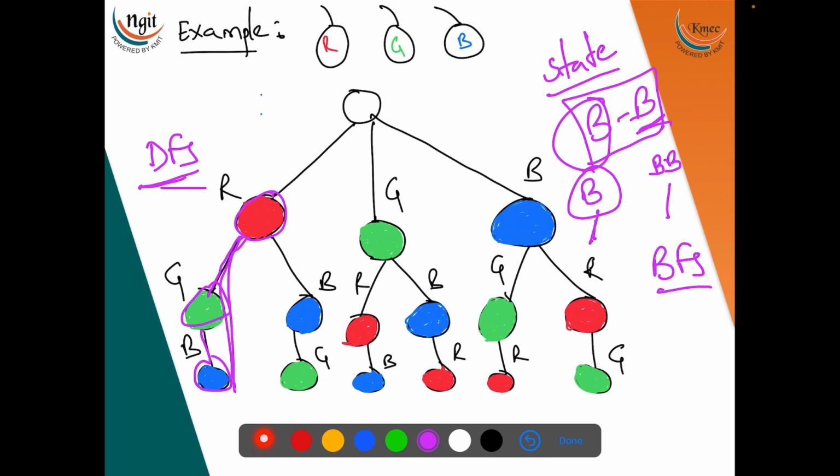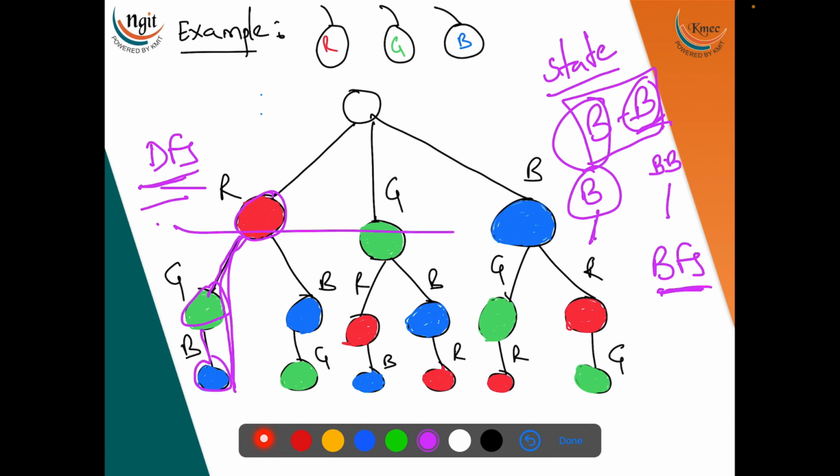Maybe you may not give the same example I have taken, but you can give any example. The state space tree should be constructed following DFS for backtracking, and BFS for branch and bound. As far as branch and bound is concerned, generating the state space tree should be based upon BFS.